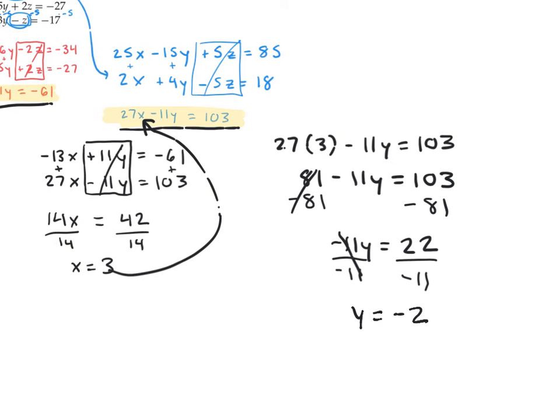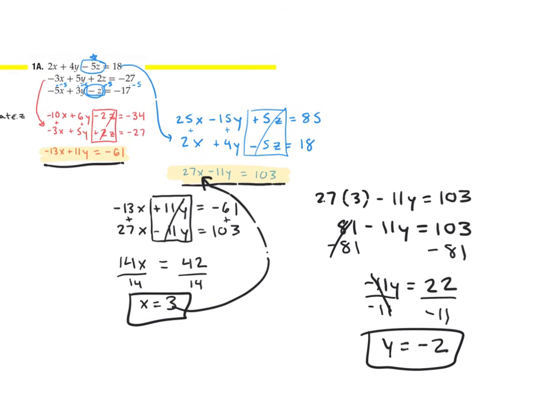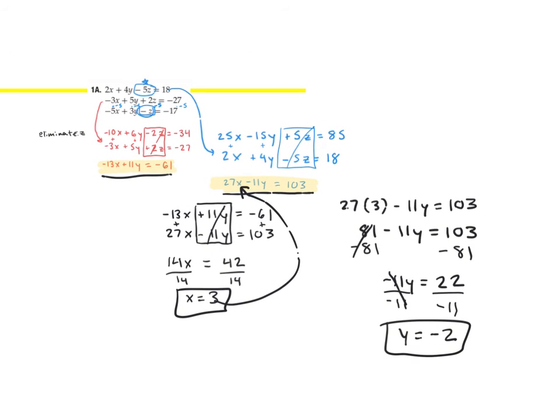What do we do next? Plug it into one of our first equations so we can find z. We can plug it into 1, 2, or 3 up here. Let's do 3. It doesn't matter.